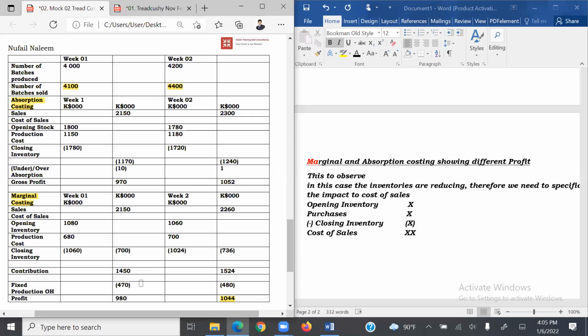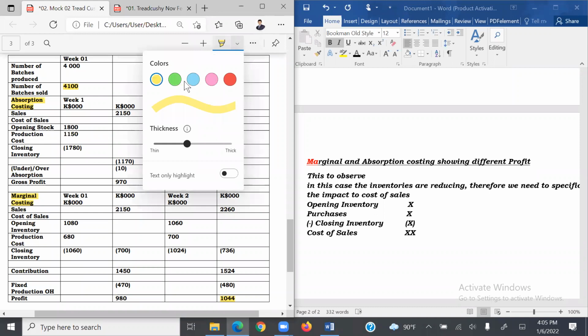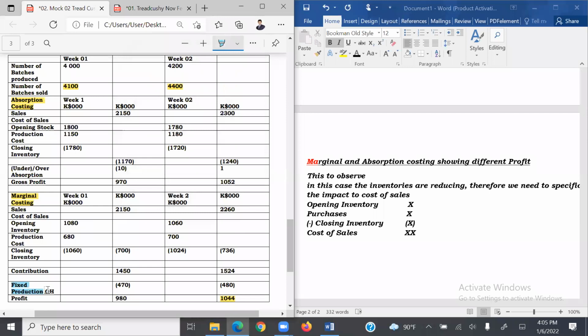The marginal costing accounts to the fixed cost as a period cost. So what I will do is I will just color this with a blue color pen. Now see, students, the fixed production overhead is always treated as a period cost. But in this case, you don't see any fixed cost. You see sales, cost of sales. Agree? Then directly gross profit.